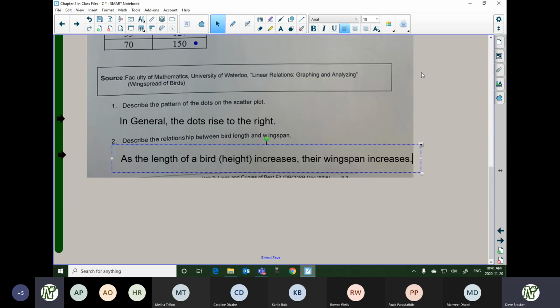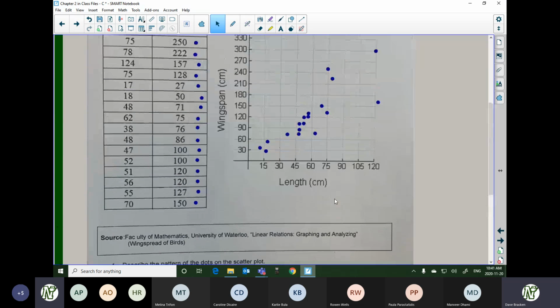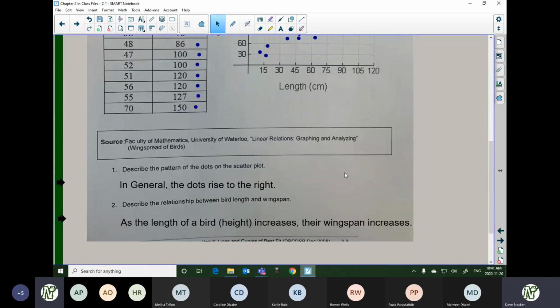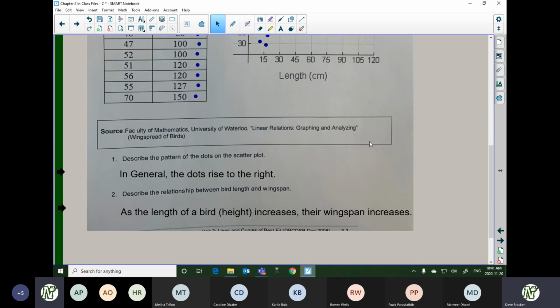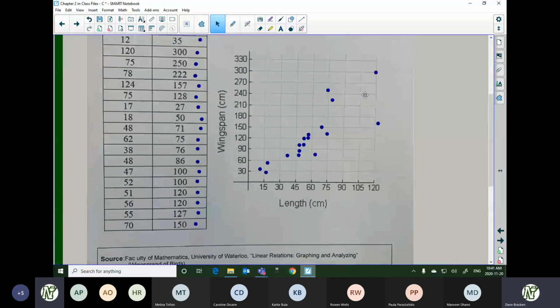So that's basically what it's saying, that in general, the taller the bird, the wider the wingspan. Okay? So is everybody okay there? All right, now when we look at this, in general, that's what we see, like up to the right.